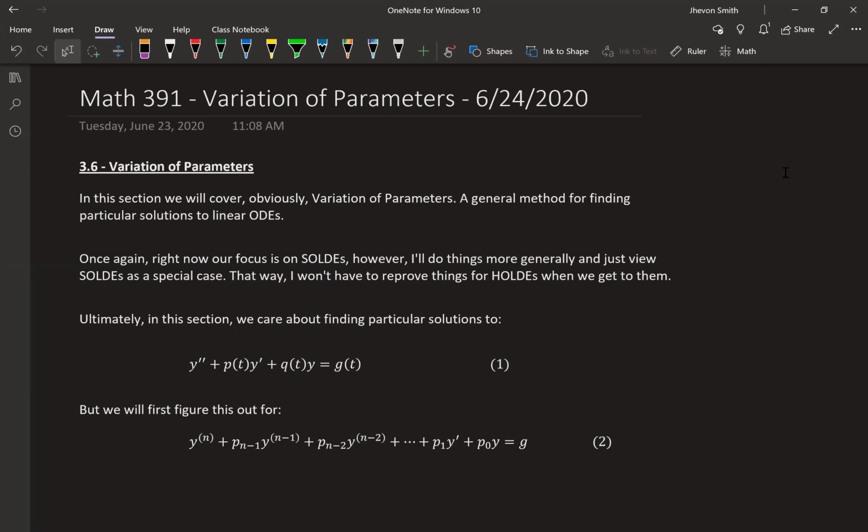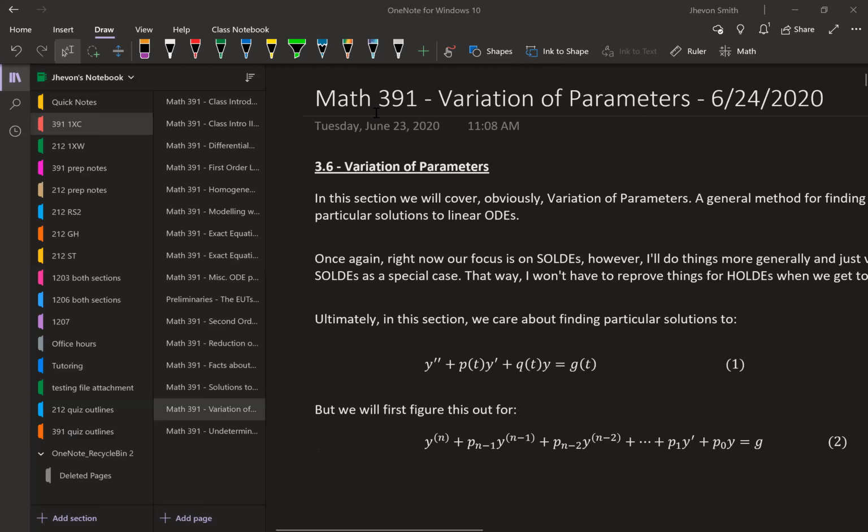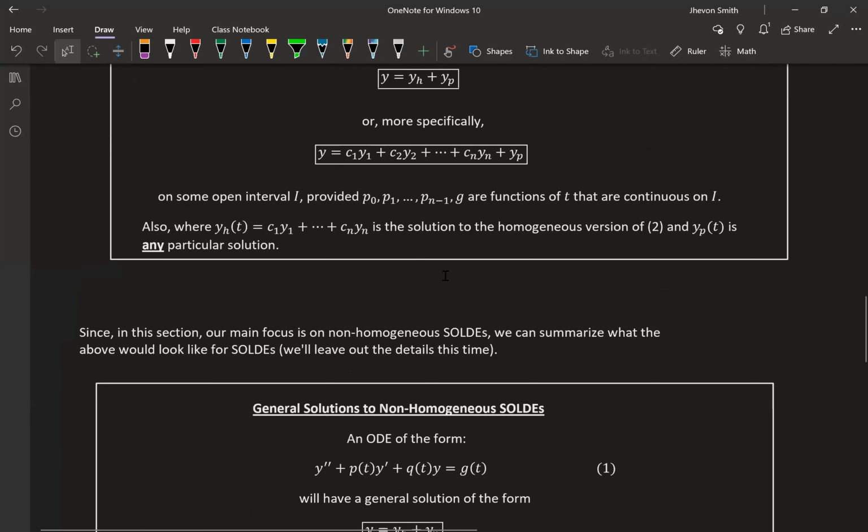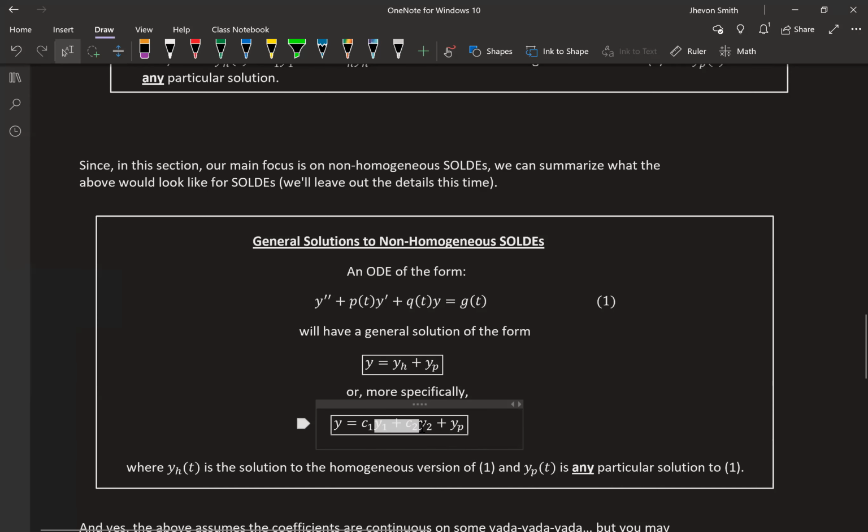Okay, so again, this actually comes down to us guessing, hoping, wishing that the particular solution is going to be somewhat close to the homogeneous solution. You might recall that the homogeneous solution looks like C1y1 plus C2y2, and we know that C1 and C2 are constants.